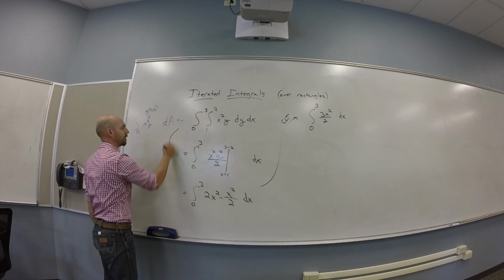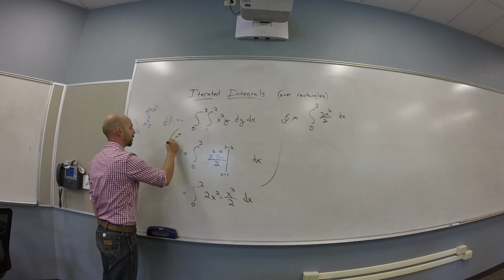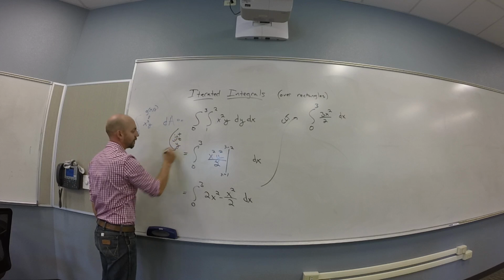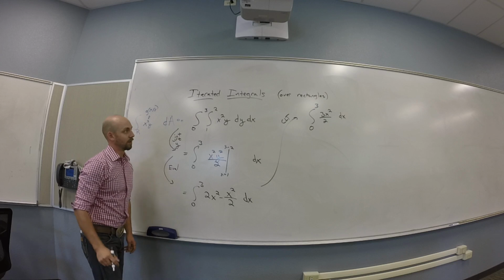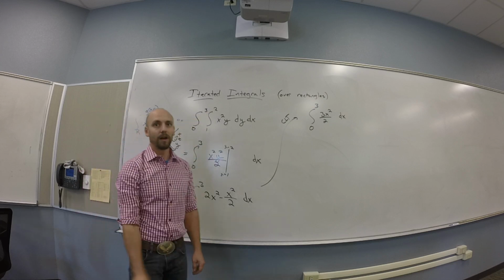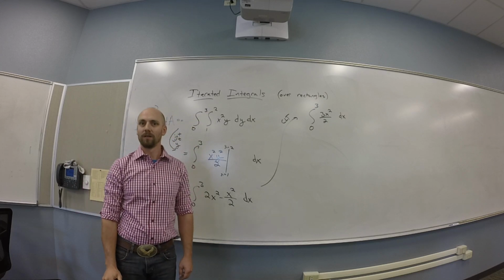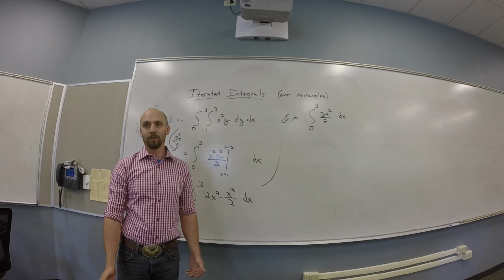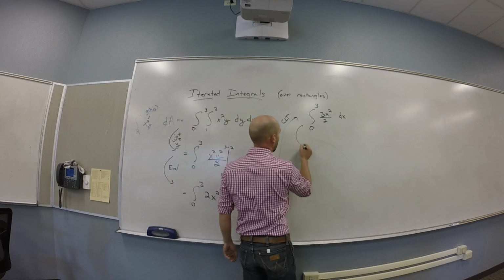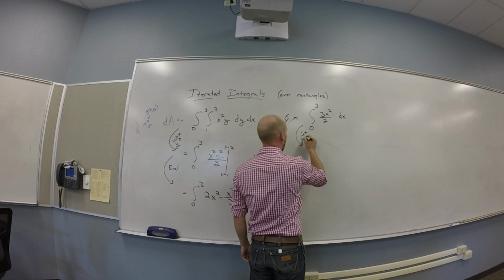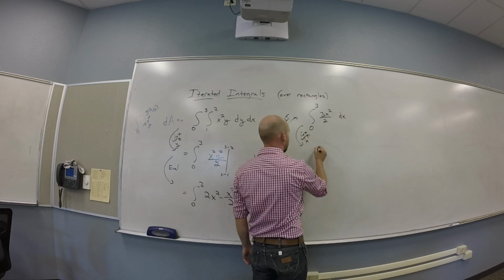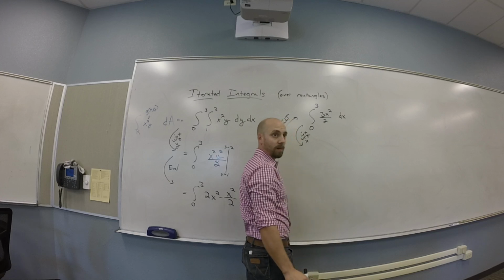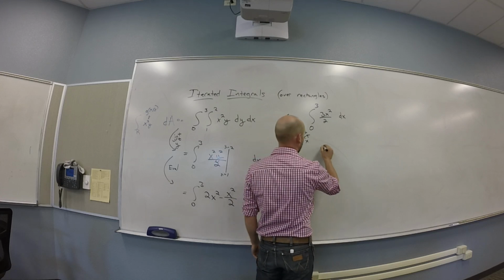For reference, this was an integrate-with-respect-to-y step, then we evaluated, combined like terms, and now we integrate again, this time with respect to x. When I integrate with respect to x, I get x cubed over 2, evaluated from x equals 0 to x equals 3.